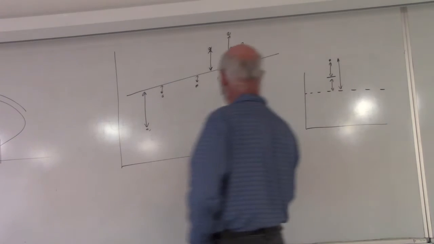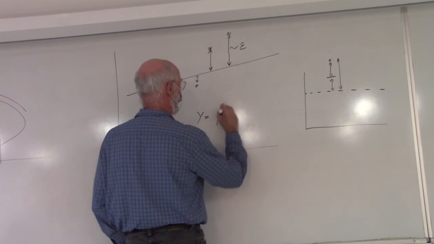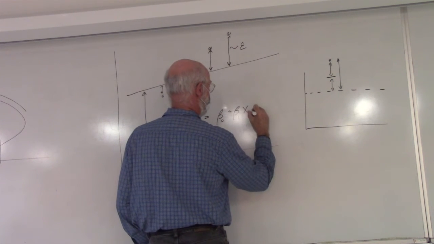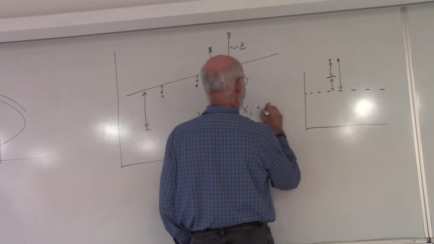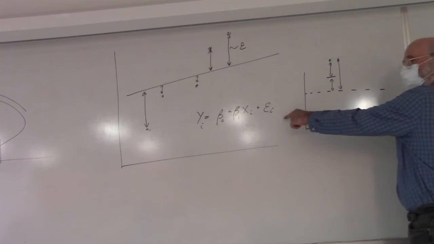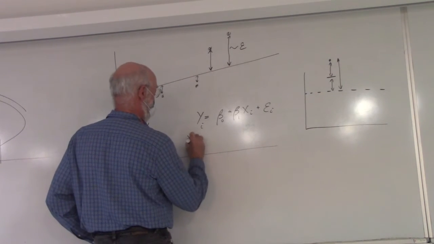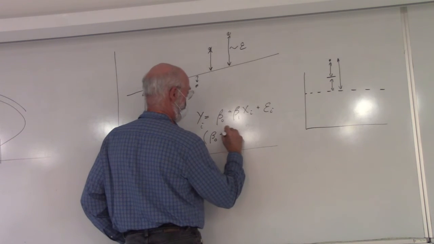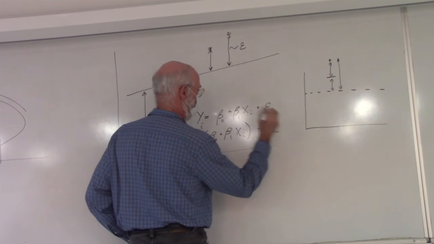So what's our model? Our model is y_i is equal to beta 0 plus beta 1 x_i, plus epsilon_i. So let's rewrite this for what epsilon is. So y_i minus (beta 0 plus beta 1 x_i) is equal to epsilon.